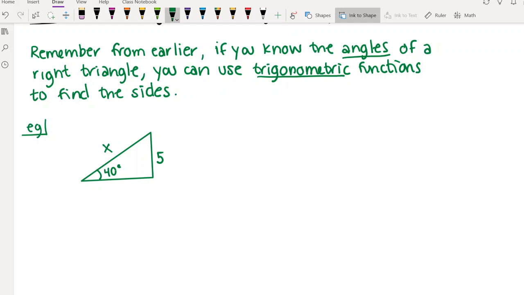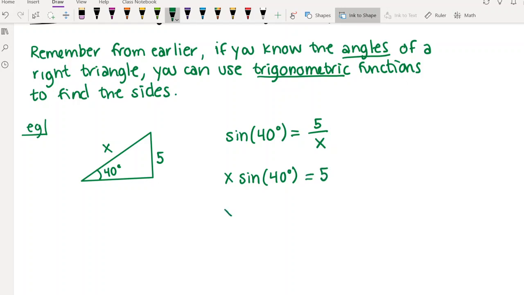So problems that we were doing earlier in the quarter were along the lines of, okay, we know the angle, we're trying to find the side, therefore we can do something like this. We can say sine of 40 is equal to 5 over x. And so that tells us that x times sine of 40 is equal to 5.